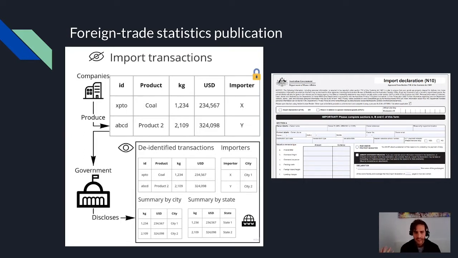Those are: I will split the data into multiple different datasets. One of the datasets will have all the transactions, but I'll remove all the business direct identifiers, such as name, address, and city. Other datasets will just have summaries by city and state and product type, for instance.